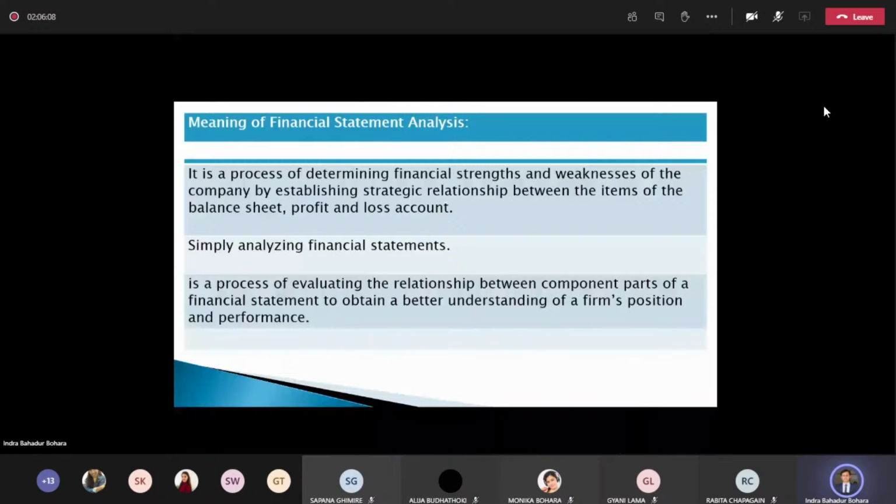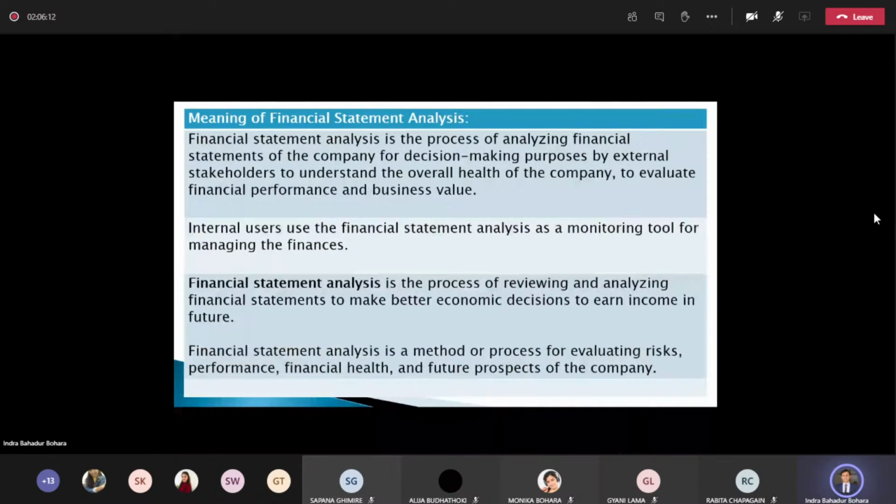It is a technique or process of observing and reviewing the financial statements and explaining the performance of the company based on the different figures presented in the financial statements. It helps to judge the company's performance.